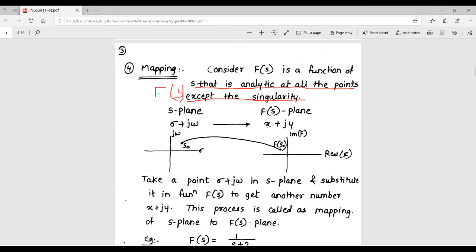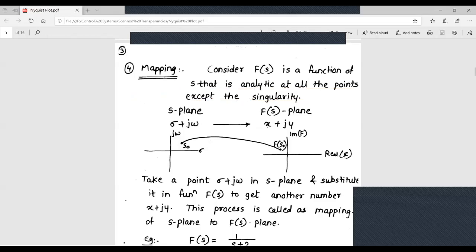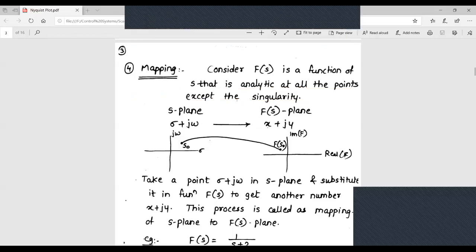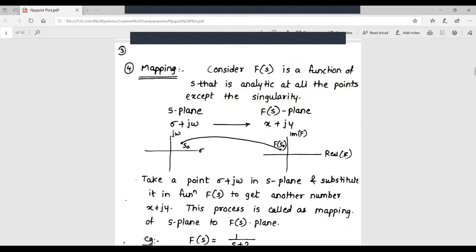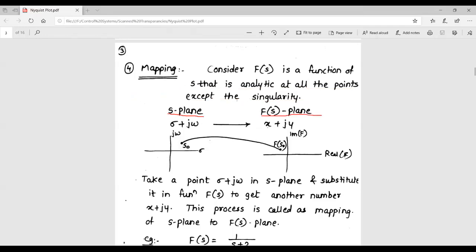We'll first see the conventional, classic definition of mapping, and then we will see the significance of choosing an analytic function and excluding the singularities. So now we know the S plane. This is the f of S plane. Now what the f of S plane is: suppose you have a certain value of f of S.